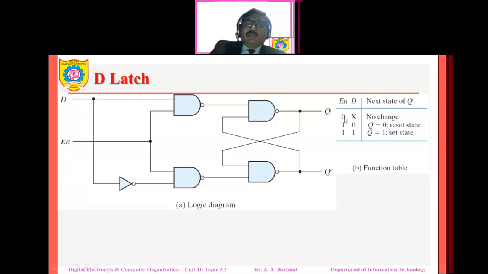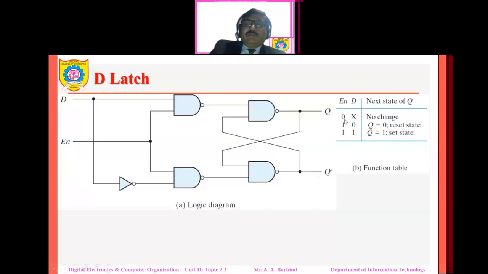So the function table of this particular D latch is like this. When enable input is 0, then whatever may be the D input, there is no change. Whereas when the enable input is 1, then if D input is 0, then it will reset the flip-flop, that is Q will be 0 and Q bar will be 1.